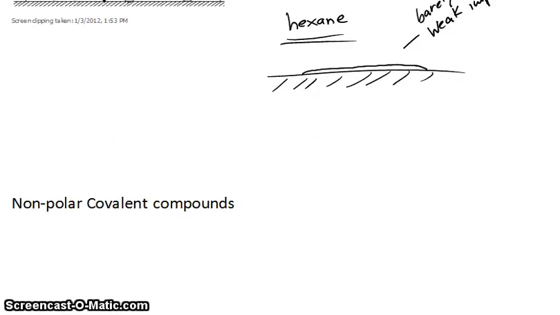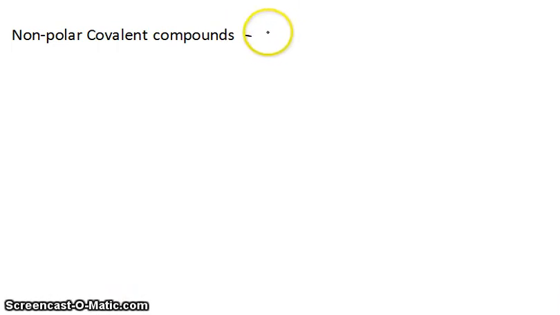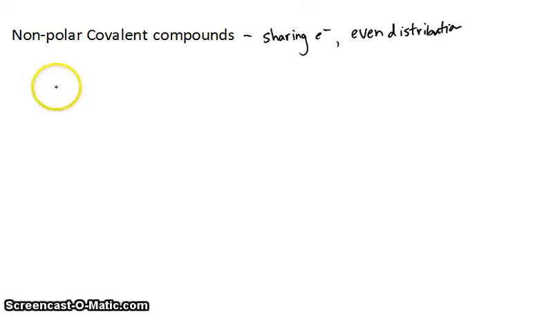Our last kind of compound is a nonpolar covalent compound. In a nonpolar covalent compound, we are still sharing electrons, but we have an even or equal distribution of charge. No one element is going to pull electrons towards its end more than another. So I'm going to look at methane. Methane is CH4.